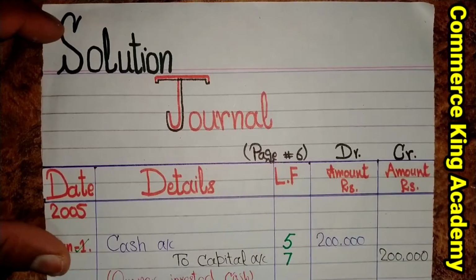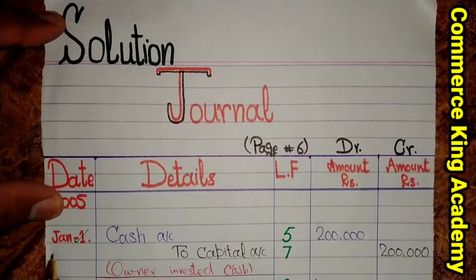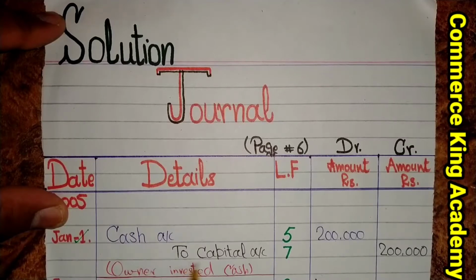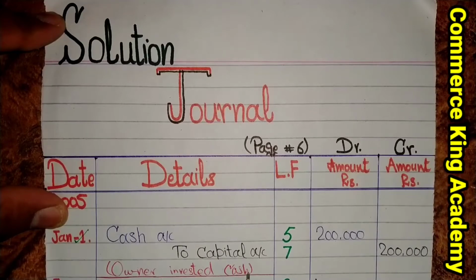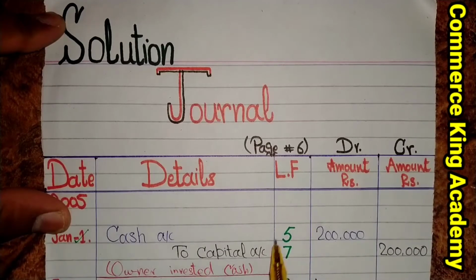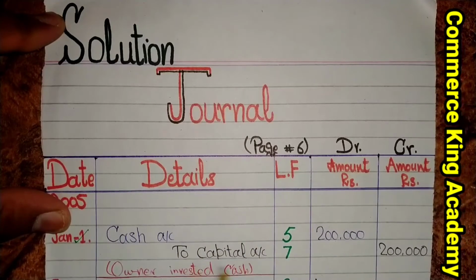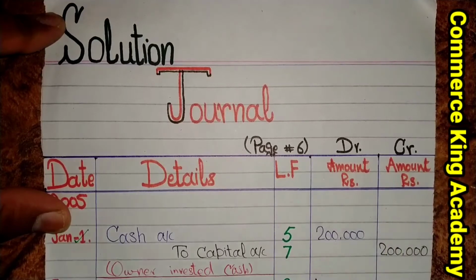So this is the solution of the illustration's first transaction: Jan 1st, cash account debit to capital account credit, because the owner invested cash into the business. These are the ledger folio numbers of these accounts. Cash account ledger folio number is 5 and capital account ledger folio number is 7, with the same amounts. Clear?